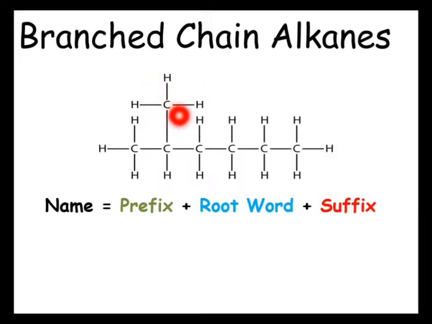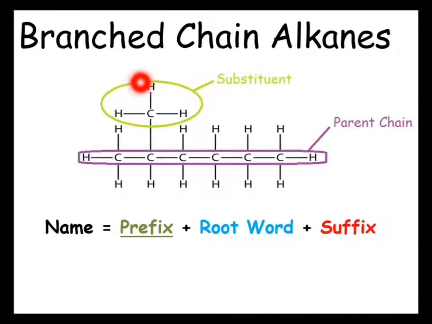So this carbon together with its hydrogen atoms forms a branch which extends from the parent chain. This carbon atom and its hydrogen atoms together, we call a substituent. And the long chain of carbon atoms is called the parent chain. So in naming branched chain alkanes, you need to know the substituent and the parent chain.